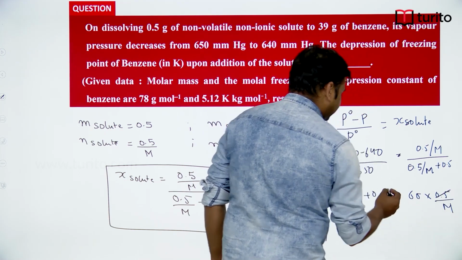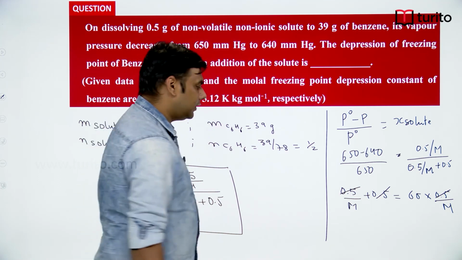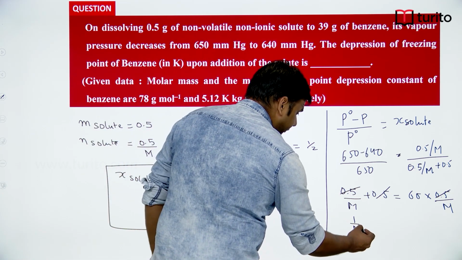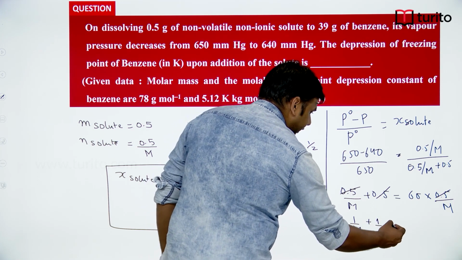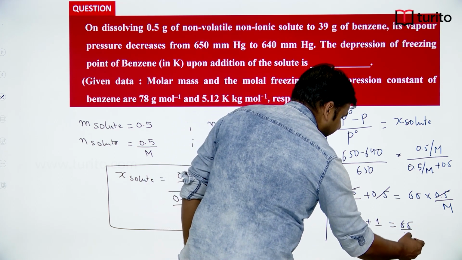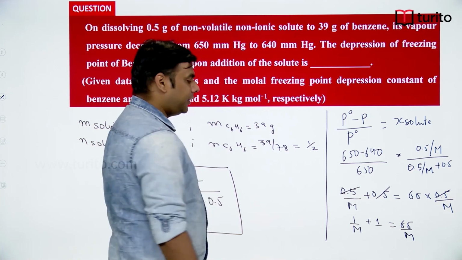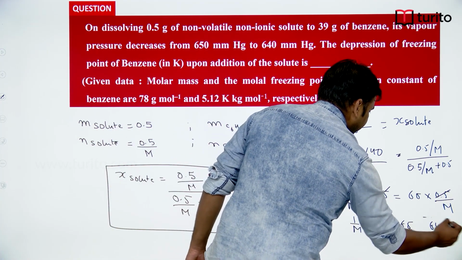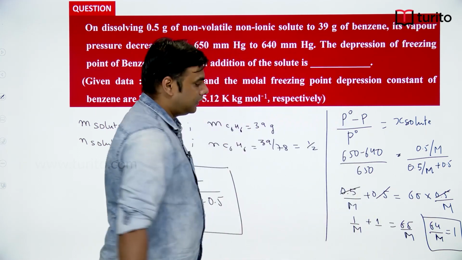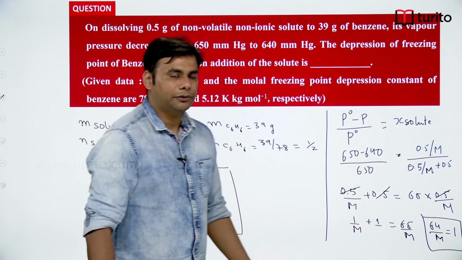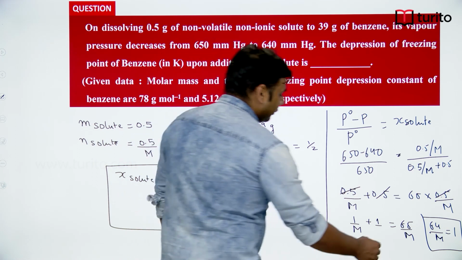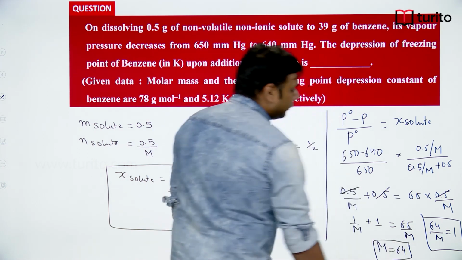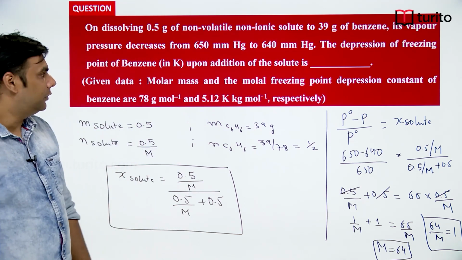You can cancel out the 0.5. So this would be 1 by m plus 1 equals 65 by m. I can write this as 64 by m equals 1, taking 1 by m to the other side. So m becomes equal to 64.